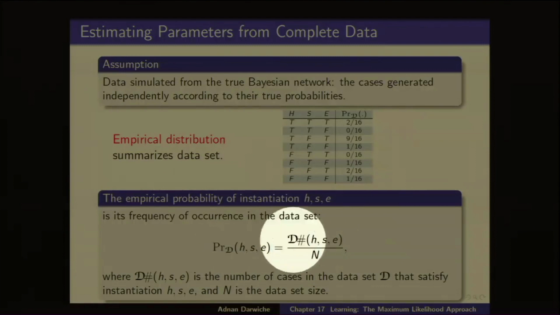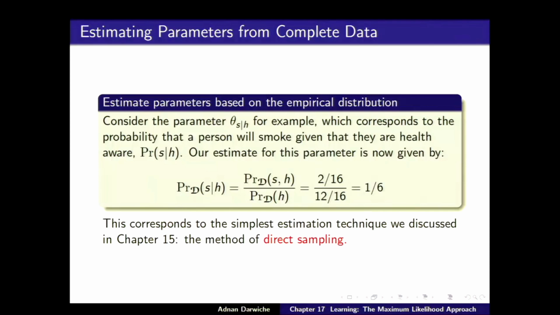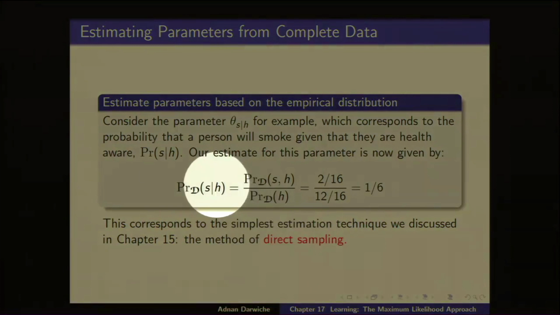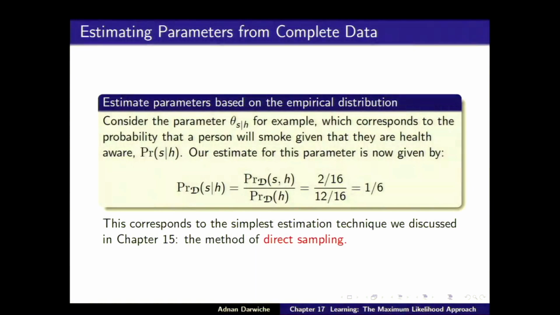So according to this estimation technique that we're starting with, you simply estimate parameters based on the empirical distribution. What does that mean? You need S given H. This is the parameter that someone would smoke given that they're health aware.